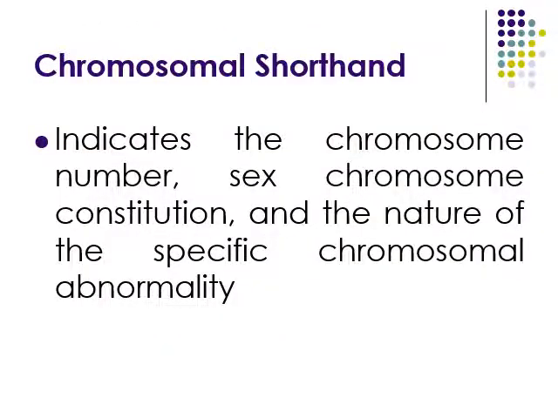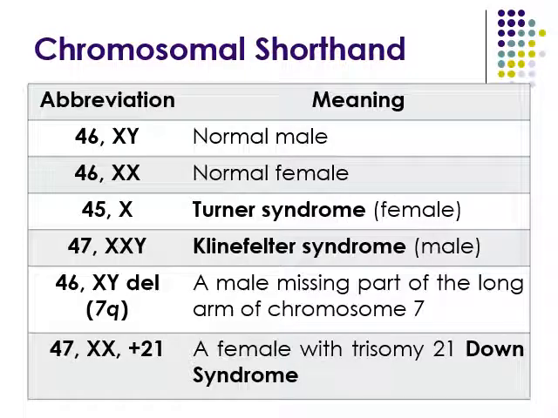So chromosomal shorthand indicates the chromosome number, sex chromosome constitution, and the nature of the specific chromosomal abnormality. So 46XY, that's for normal male. 46XX, that's for normal female. 45X, that's Turner syndrome, for female.